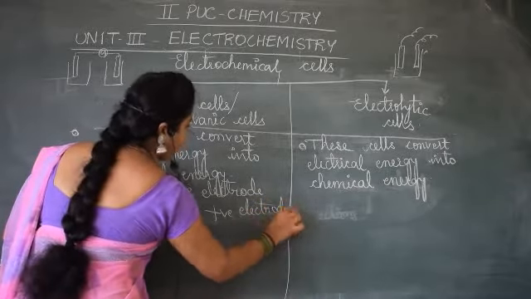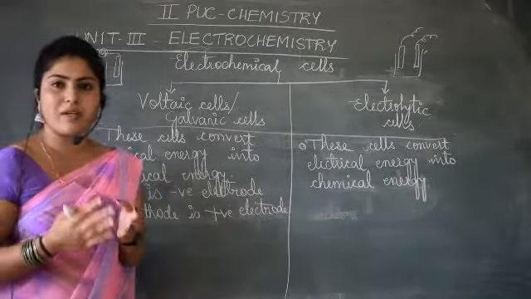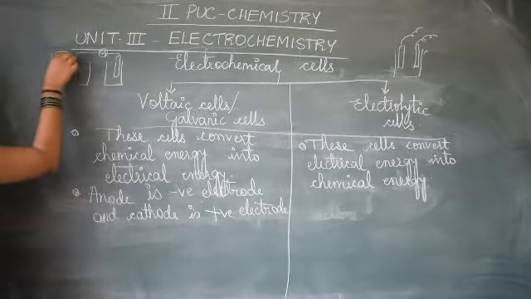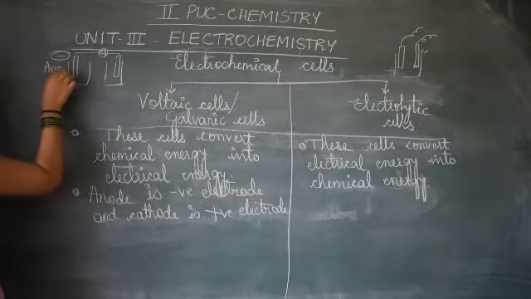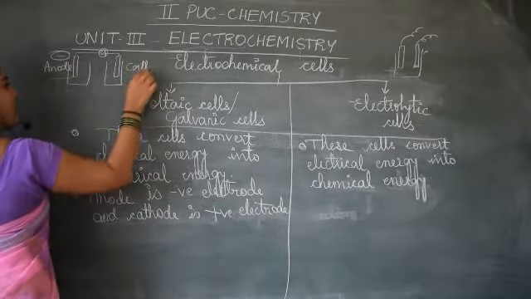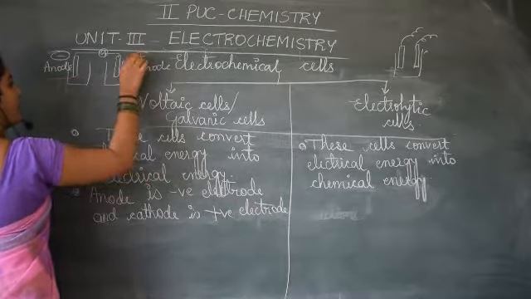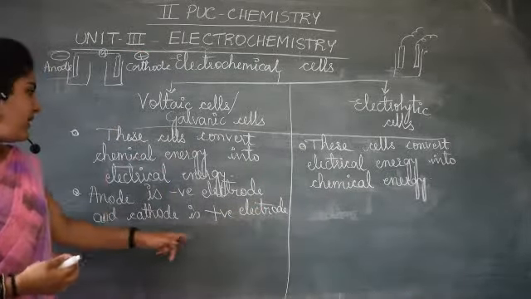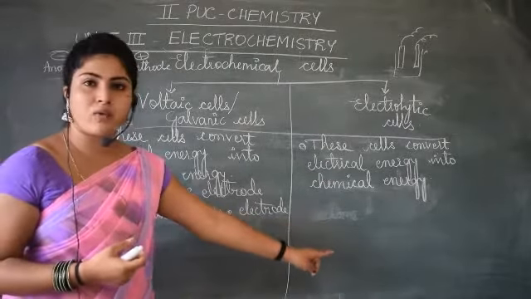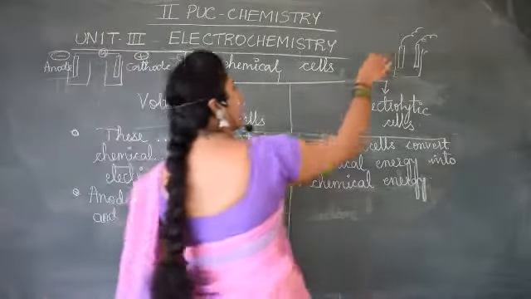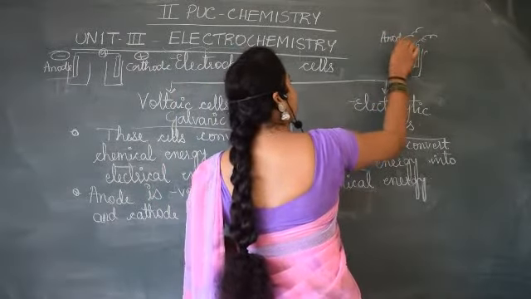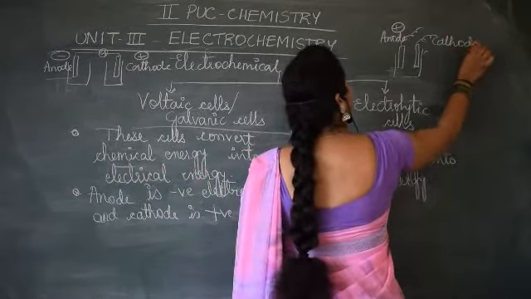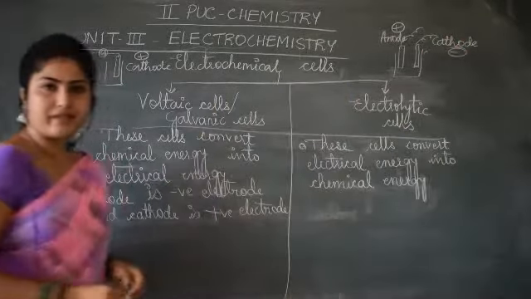Whenever you come across these two types of cells, when we mention the anode, we mention it as negative, and the cathode we mention as positive. Whereas in the case of the electrolytic cell, it is opposite. Here the anode is negative, but there the anode will be positive. So if this is the anode, we will mention it as plus, and the cathode we will mention as negative. It is opposite.